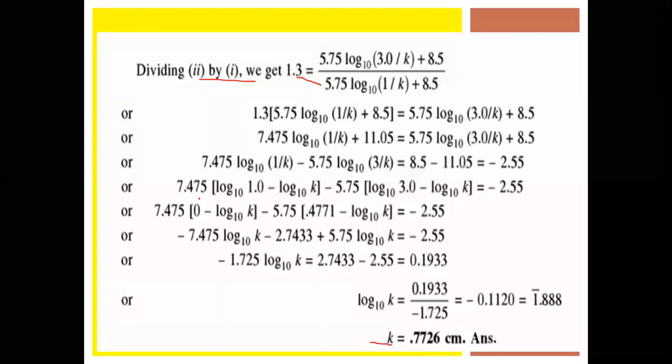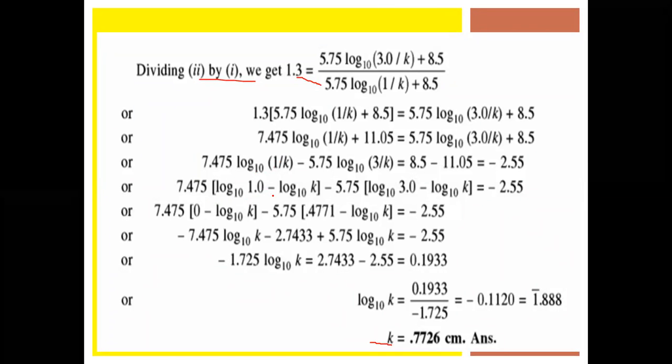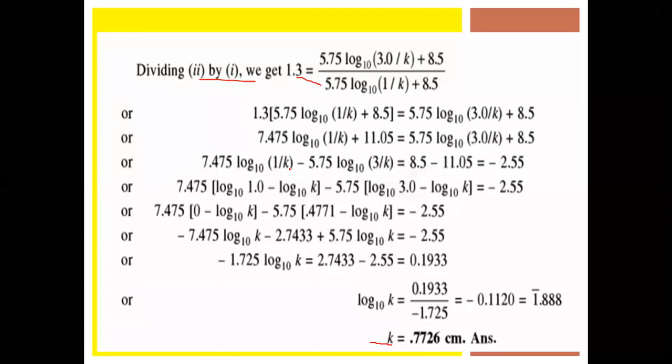So 7.475 into log 1 minus log k, because log 1/k is log 1 minus log k. These are the basic fundamentals you have to keep in mind, right? 7.475 (log 1 minus log k) minus 5.75 (log 3 minus log k) is equal to minus 2.55.